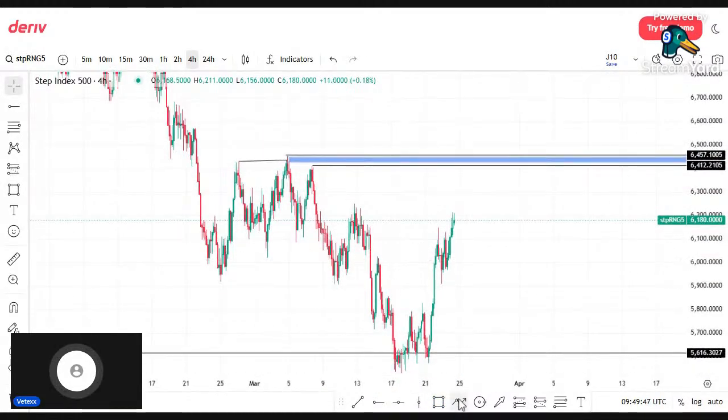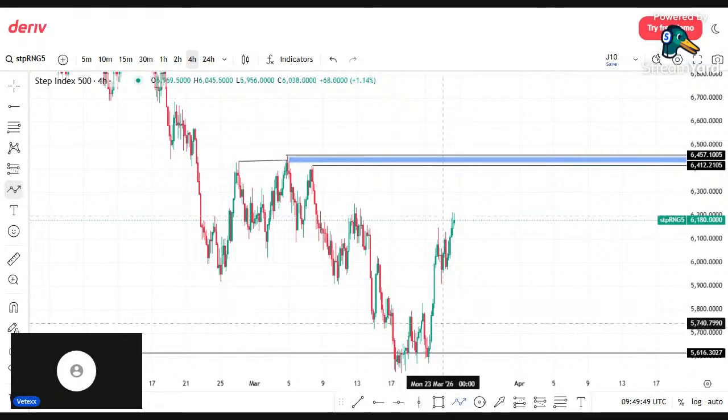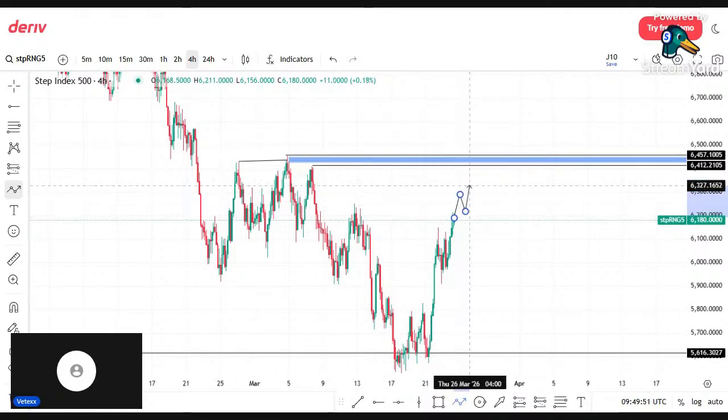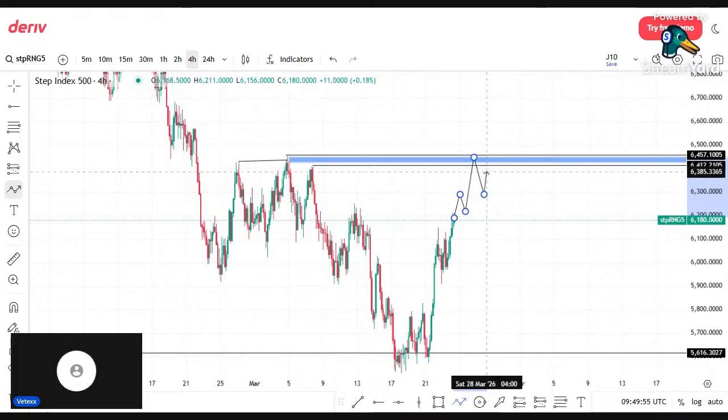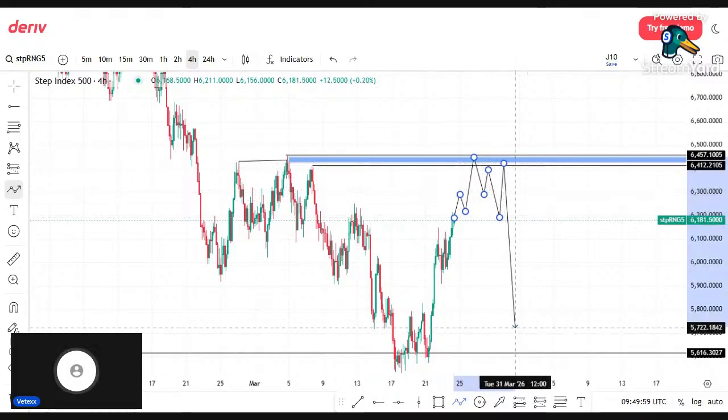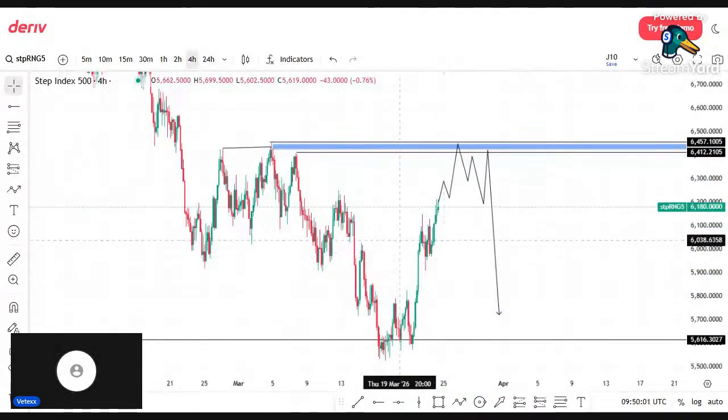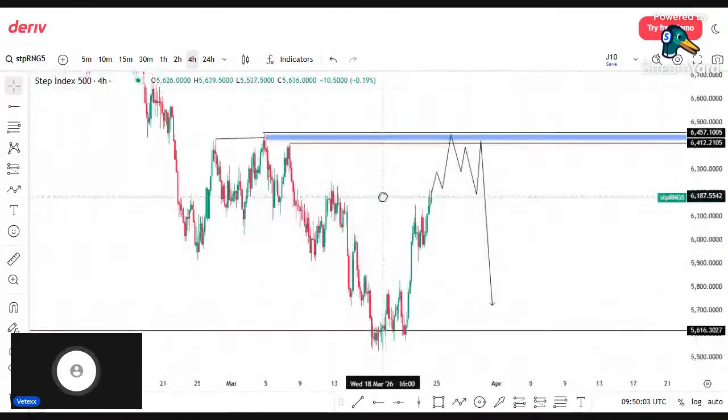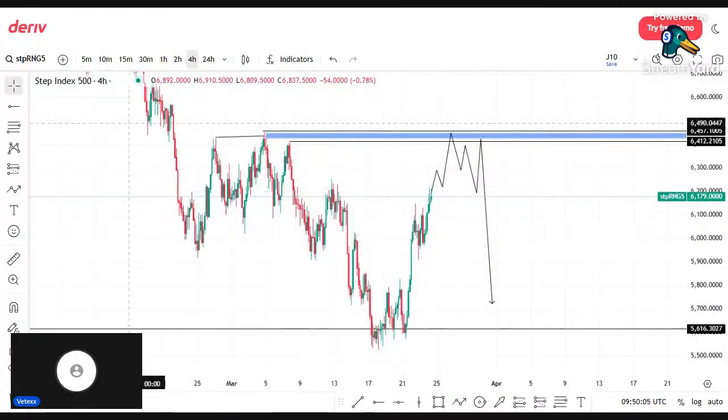So we'll be anticipating the price to come into this zone, give us a continuation, then we'll be able to sell to the downside. So this is what we're anticipating on Step 500.